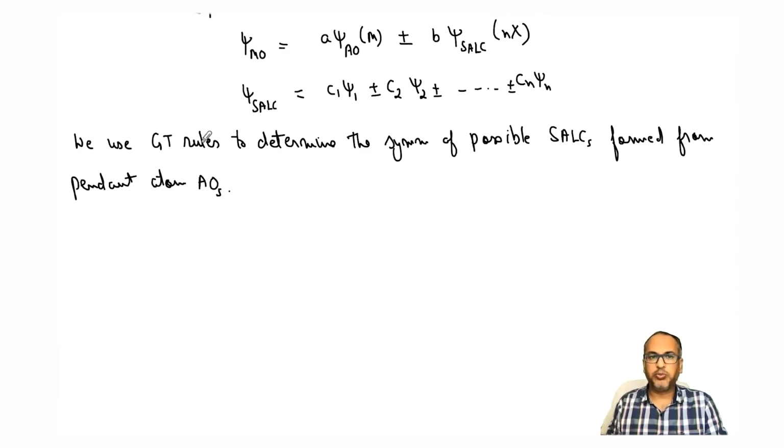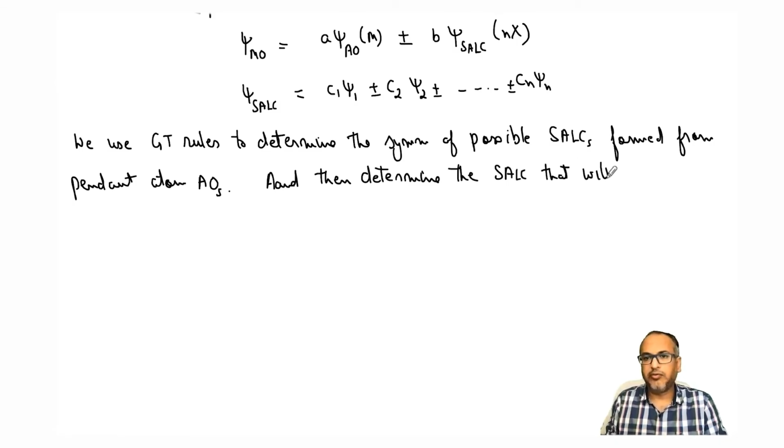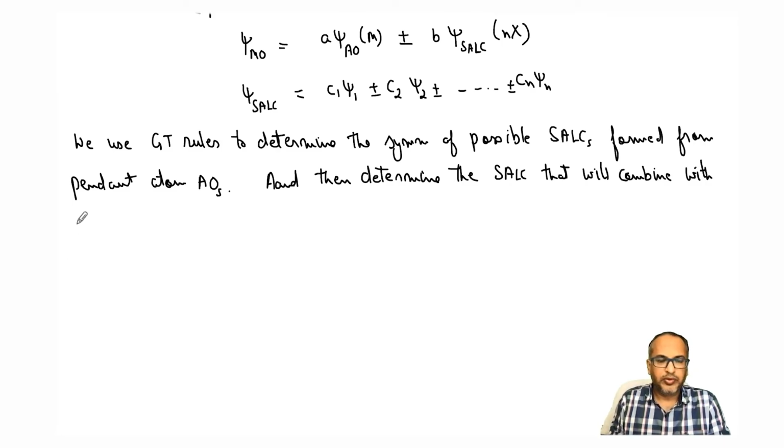But let's go on with what we were saying, how group theory rules are used in the MO approach. So group theory rules determine the symmetry of possible SALCs formed from pendant atom atomic orbitals, and then determine the SALC that will combine with which atomic orbital, of course on the central atom, to form MOs.